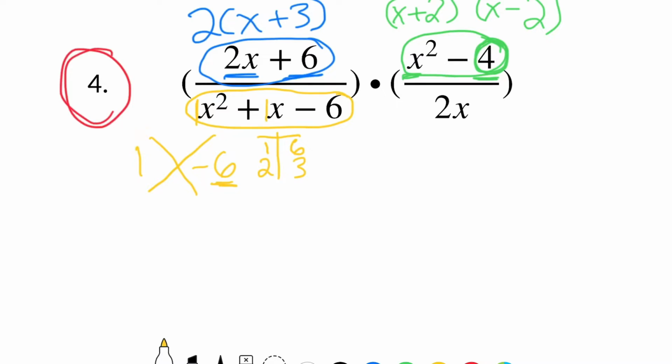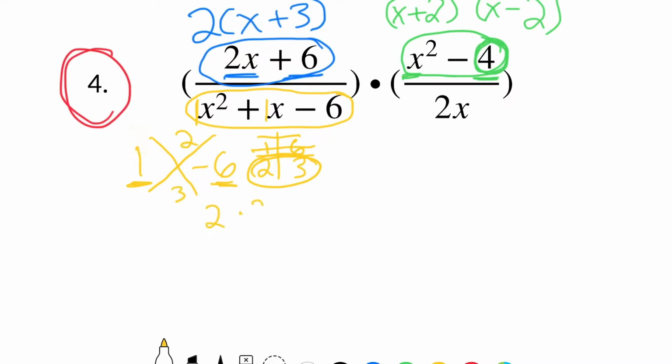Then you're looking at these sets of numbers and asking yourselves, can it add or subtract to give you that 1, or our B? So can 1 and 6 give you 1? No. So that's not your magic numbers. Can you add or subtract 2 and 3 to get 1? Yes. So 2 and 3.